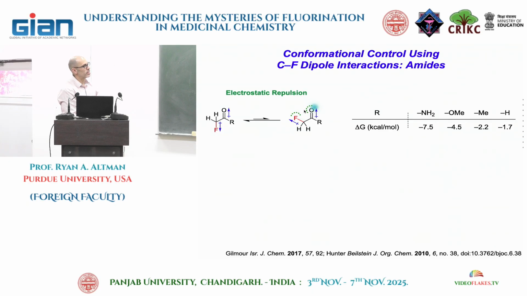And as you go through the series, oxygen can still donate in, not as well as nitrogen, but you see a little less electron density on oxygen, a little lower repulsion energy, a lower conformational control energy. Ketones have no lone pair of electrons.